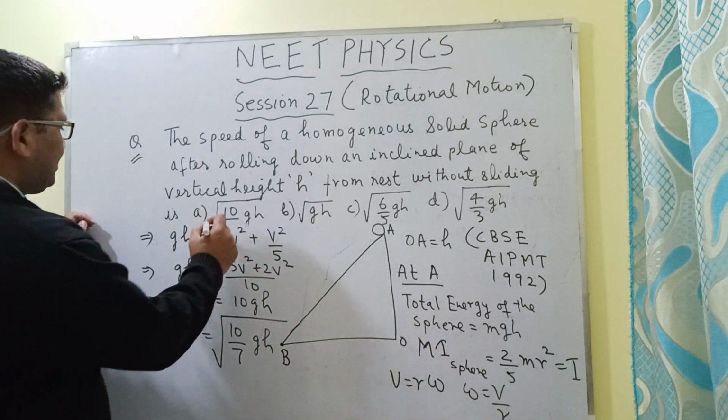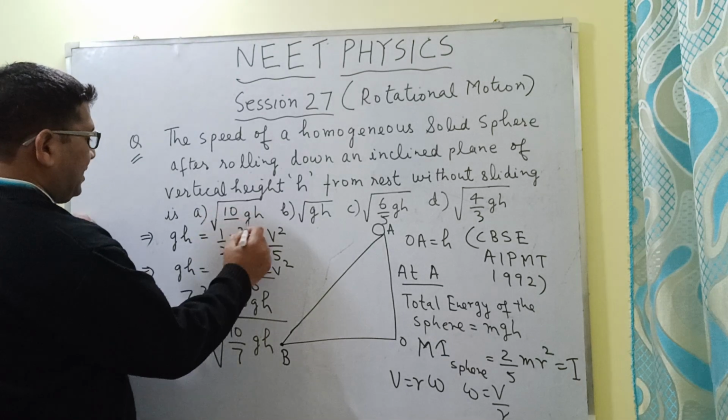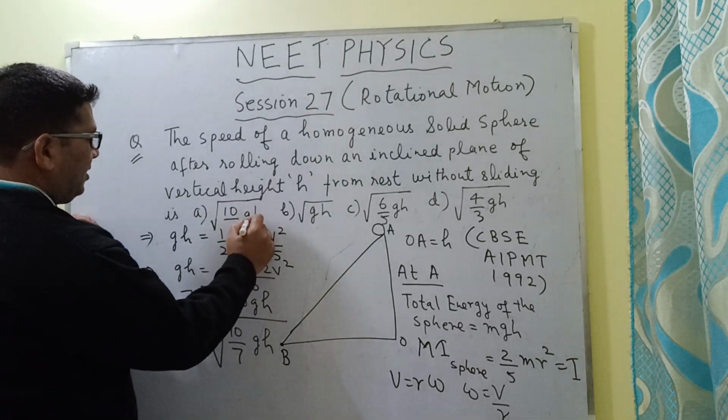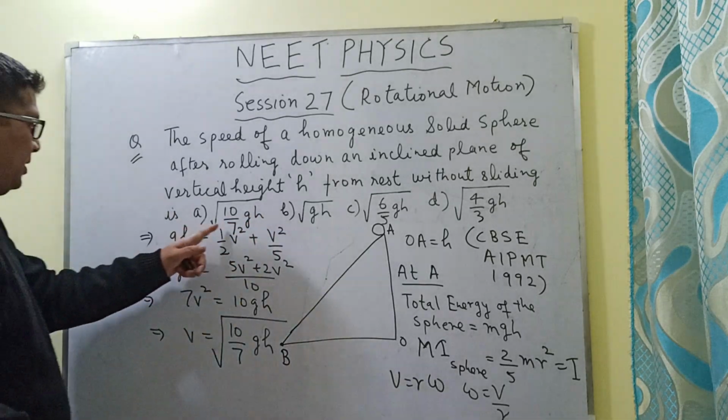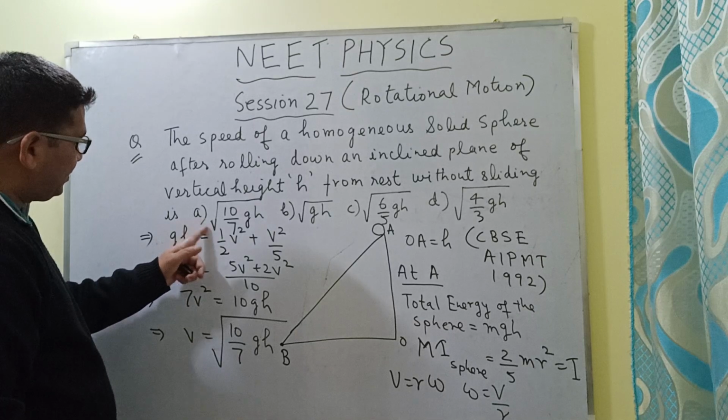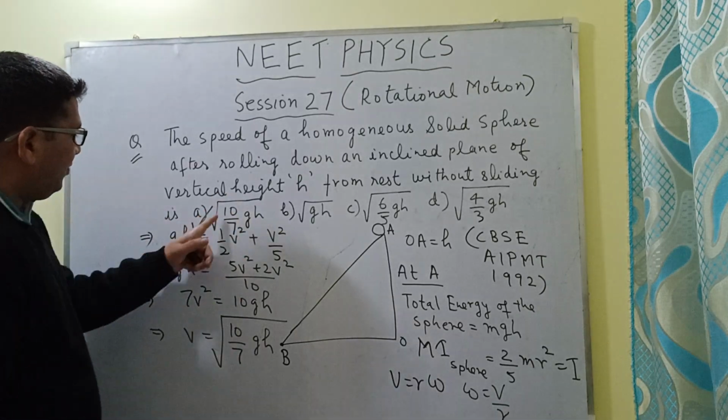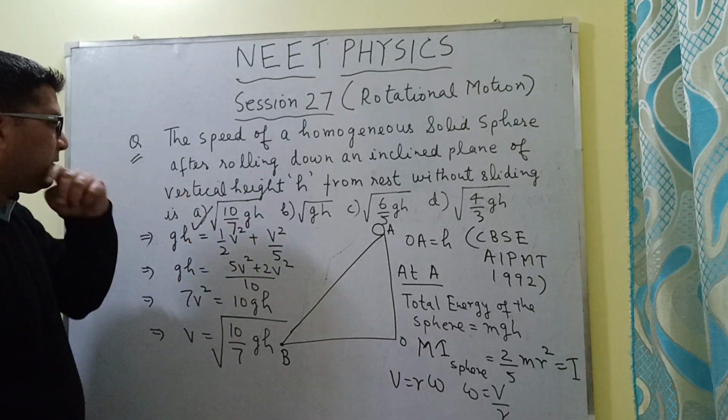So the correct option is A. Here it was written as 10 by 7 root 2 gh. Oh, sorry, this option A is correct, which is under root of 10 by 7 gh.